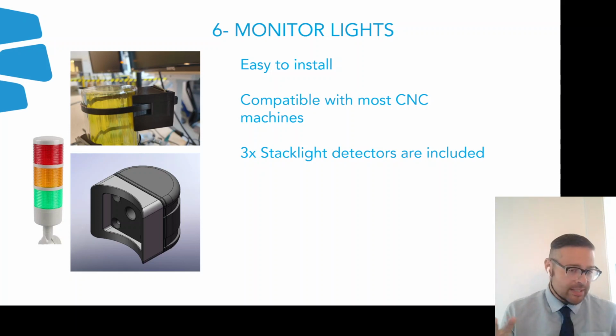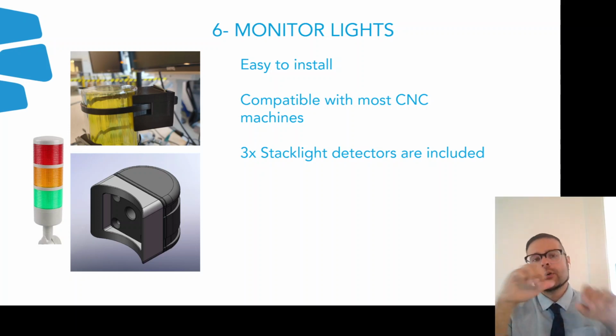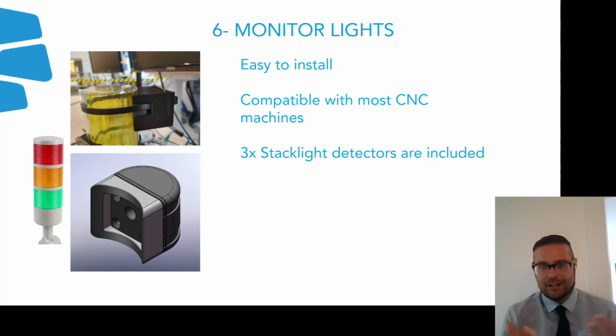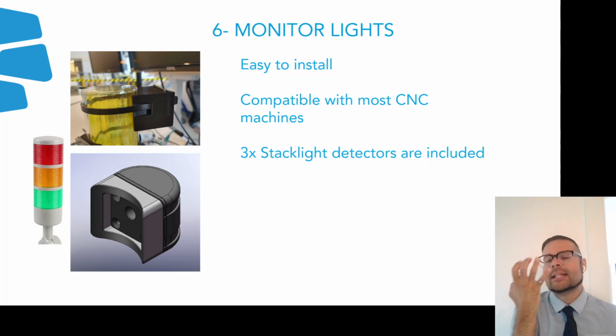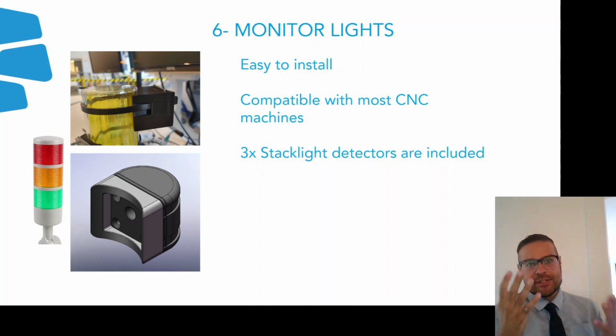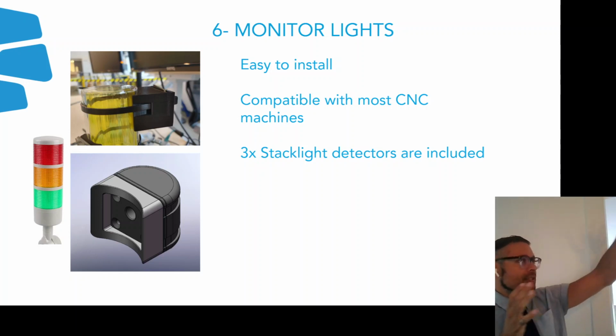They are very easy to install. They have the holder with just some cable ties or tie wraps to install them. It's compatible with most machines, and there's an adjustment for the intensity of the light that it needs to detect, so that it doesn't see just another light on the ceiling.